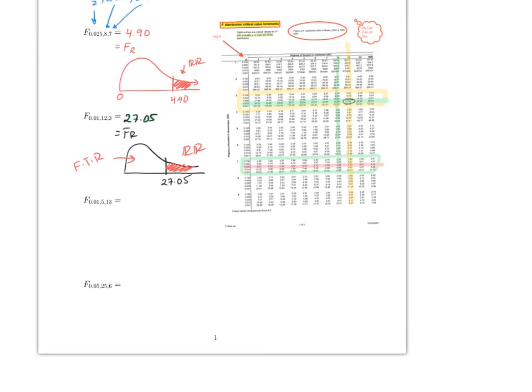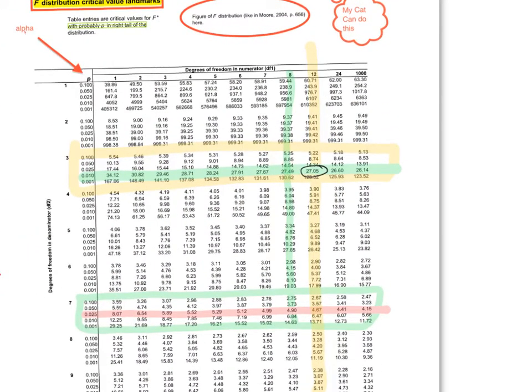Now to find this one, the 13 is on the second page, which I don't have. You should try that by yourself, but we can do this one. Now the degrees of freedom for the numerator is 25. As you can see, 25 is not here, so 25 should be somewhere here.